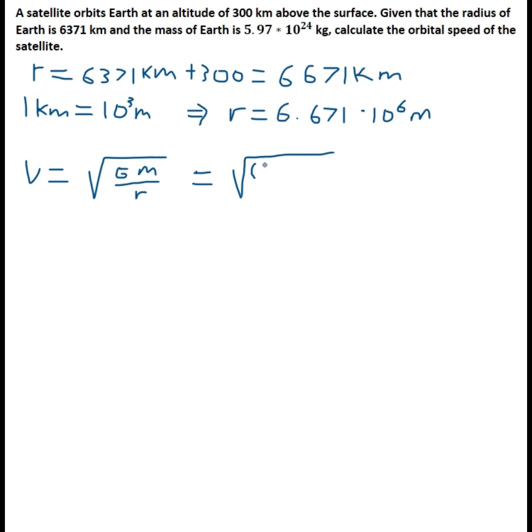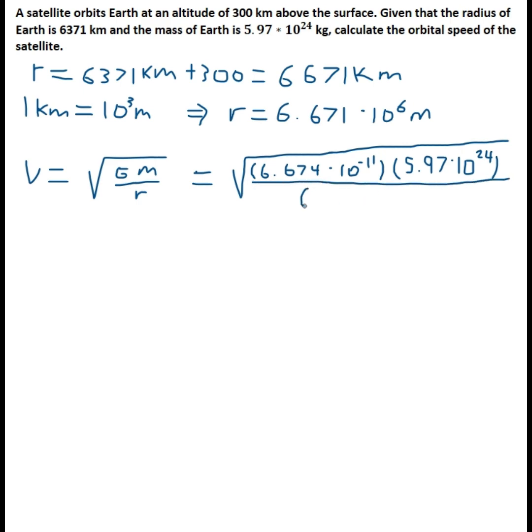This is going to be a big equation, so it might be a bit messy. 6.674 times 10 to the negative 11 Newton meters squared per kilogram squared, times the mass of 5.97 times 10 to the 24 kilograms, divided by the radius of the satellite, which is 6.671 times 10 to the 6 meters.